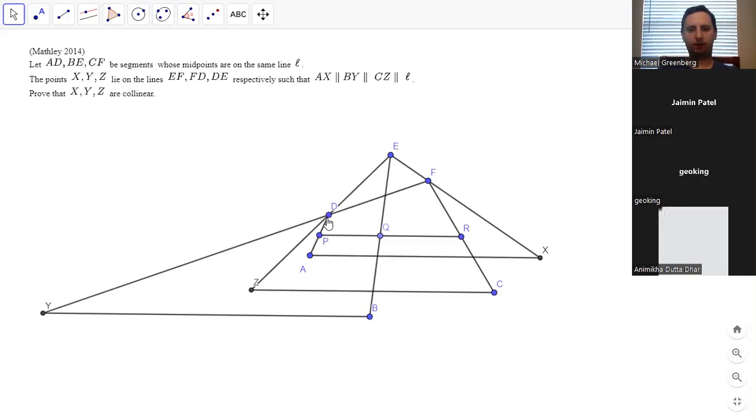What if I did it like this? So I have triangle ABC, and then what if I took the triangle through EF and the point at infinity?